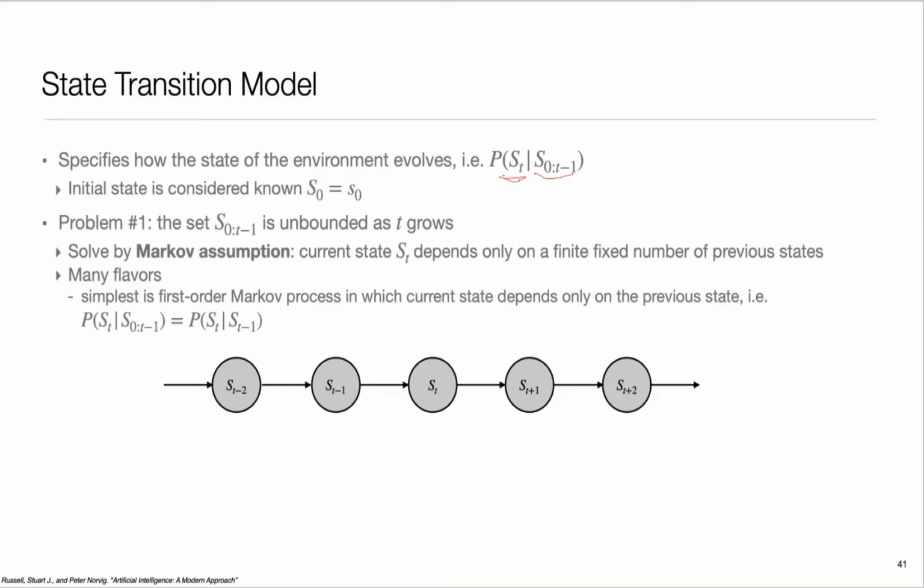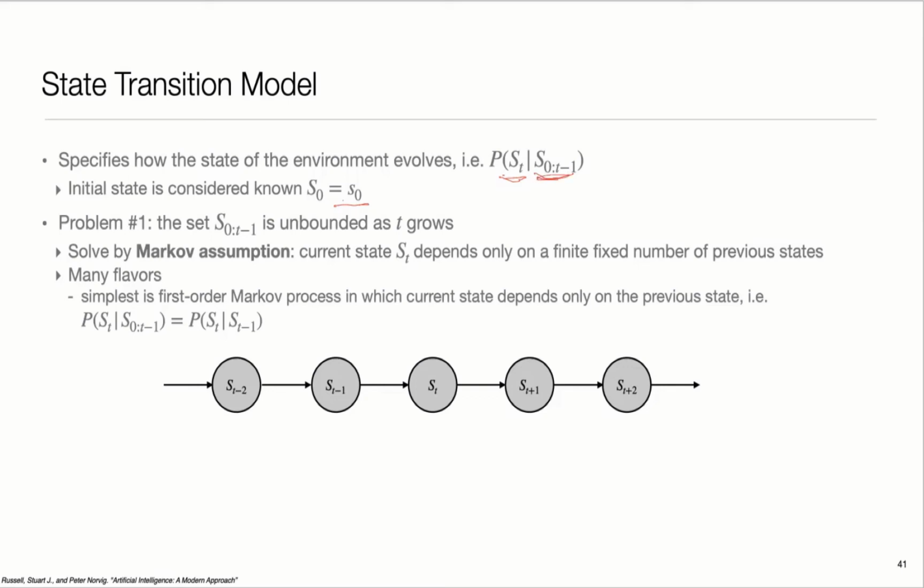We don't have to worry about the future, so we are only worried about the past. We assume that we know the initial state and when the system started. So the first problem we face in this setting is that clearly our history is growing as time is growing.